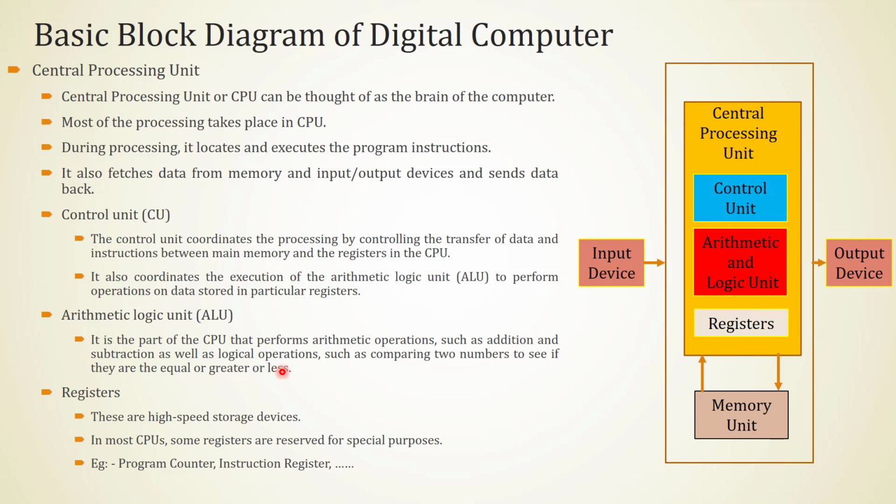Similarly, we have another set of operations called logical operations, which means comparing two numbers, whether equal, greater or less. Logical operators help in decision making. Based on these three conditions, equal, less than or greater, we perform some operations.